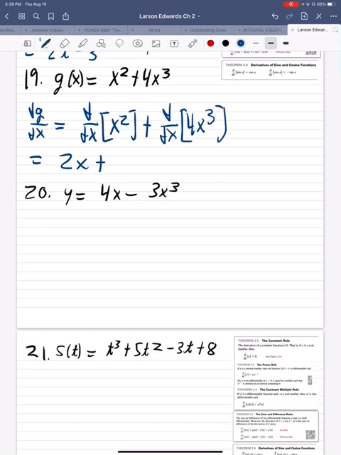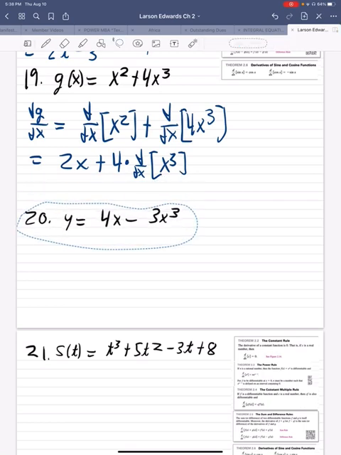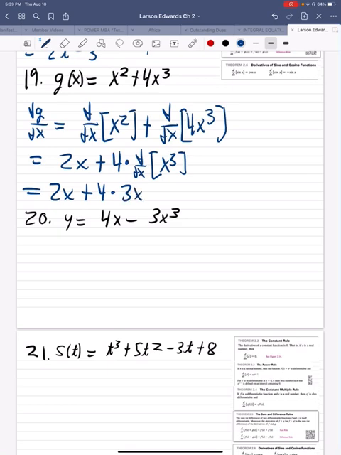So we would have 4 times d dx of x cubed. So now you know how to do this power rule. 2x plus 4 times, bring the power in front, 3x to the old power minus 1, which is 2. So you get 2x plus 12x squared is our final answer.